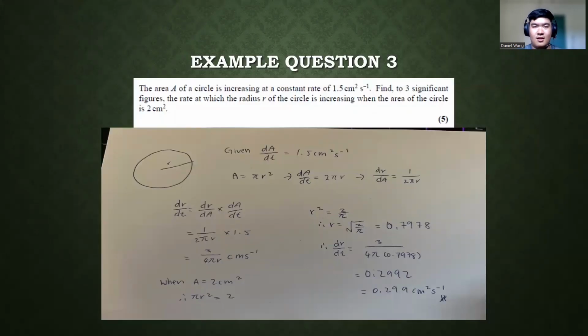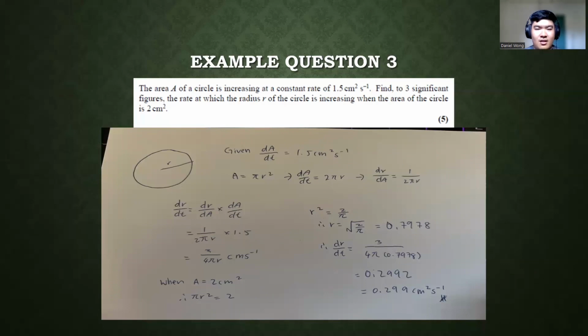So this is the last example question of rate of change. Given the area A of a circle is increasing at a constant rate of 1.5 cm² s^-1, find, to 3 significant figures, the rate at which the radius r of the circle is increasing when the area of the circle is 2 cm².